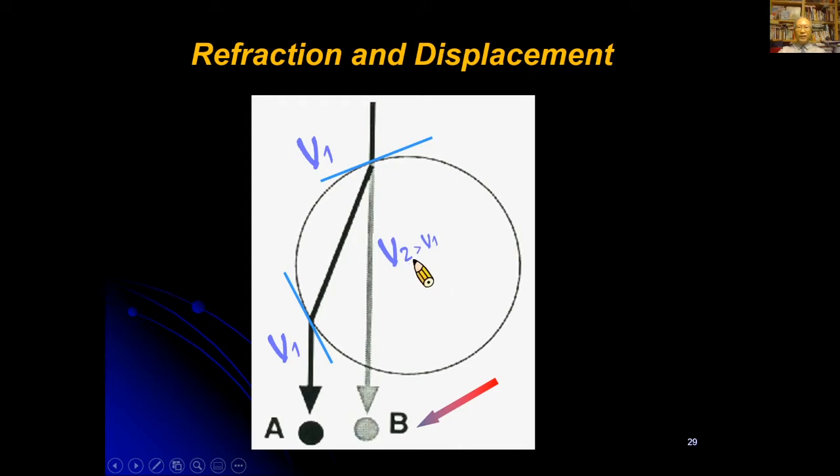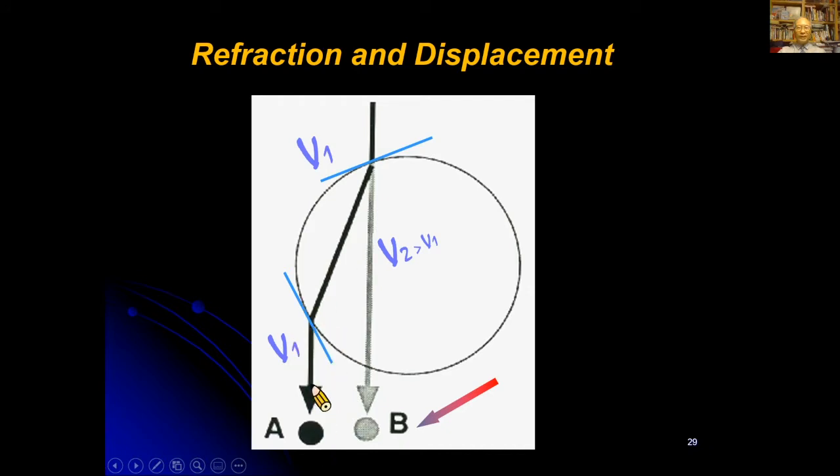If v2 is greater than v1, then when the beam hits the surface of the second medium, the beam will be deviated, and then deviated again going from v2 back to v1.